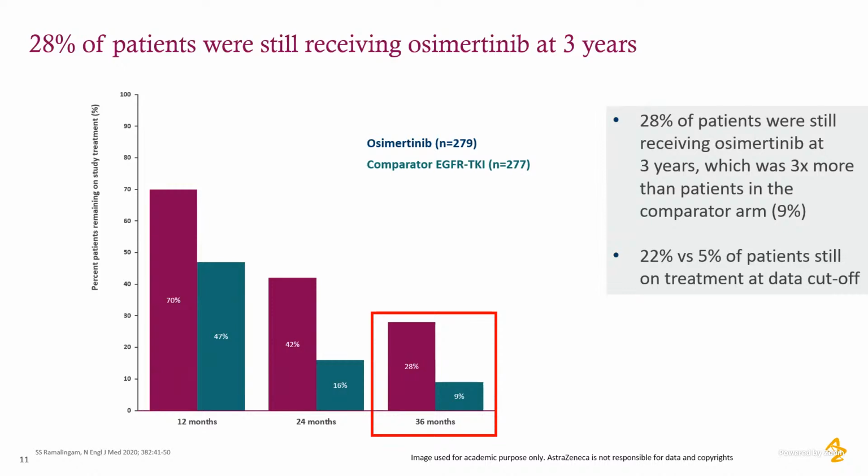28% of patients were still receiving osimertinib at 3 years compared to 9% of patients receiving the standard of care. So 28% were still receiving osimertinib, which was 3 times more than patients in the comparator arm. And 22% versus 5% of patients were still on treatment at the data cutoff.